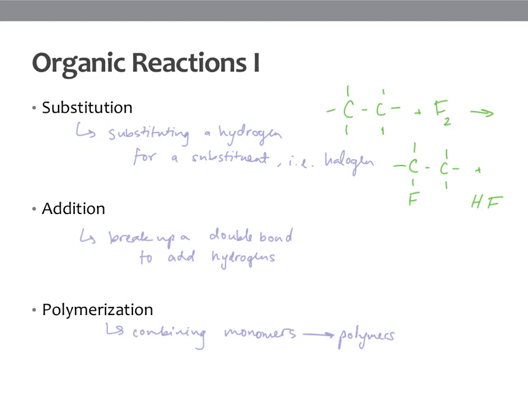For addition, so let's say you had something like this. Now here, if you want to have these carbons take on more hydrogens, you need to break up this double bond. Once you break that up, you bring in more hydrogens, make it a single bond between them, and then now they're able to hold more hydrogens like that.